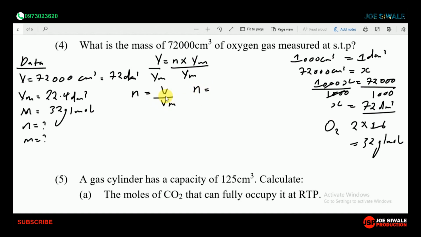Volume has been given as 72 cubic decimeters, divided by the molar volume, which is 22.4.